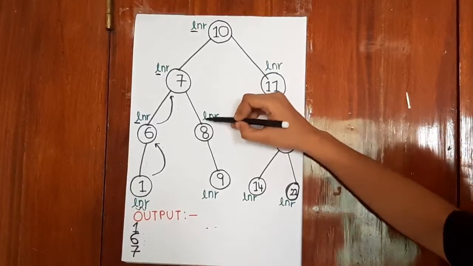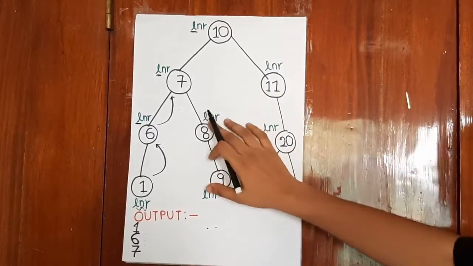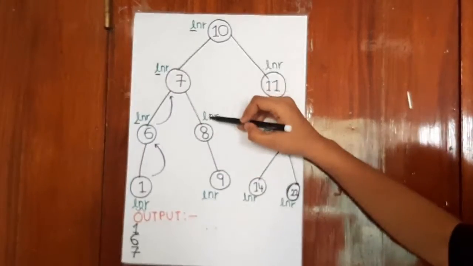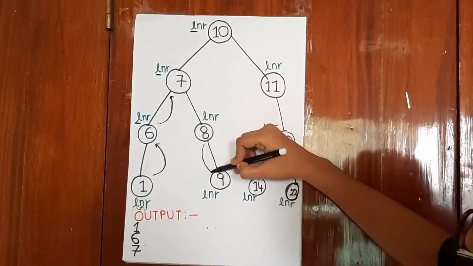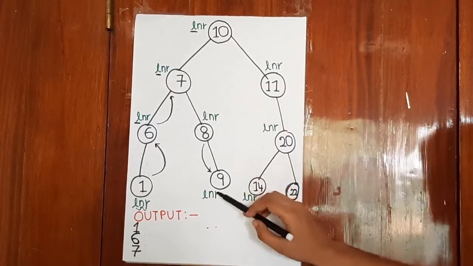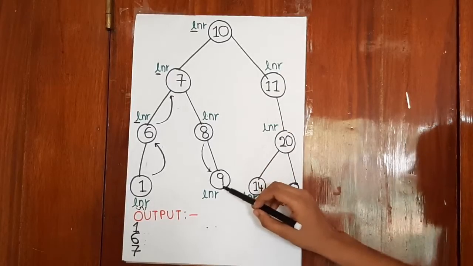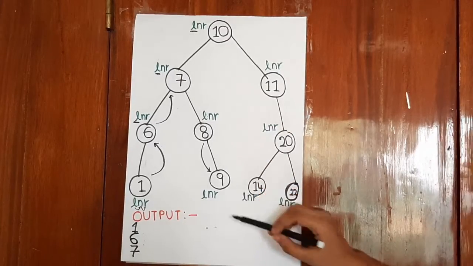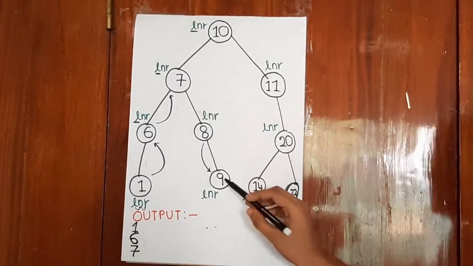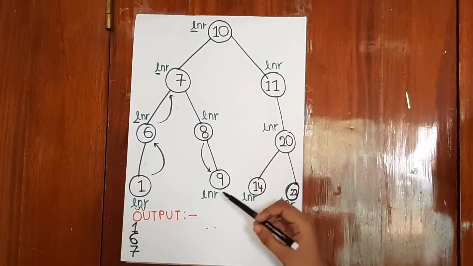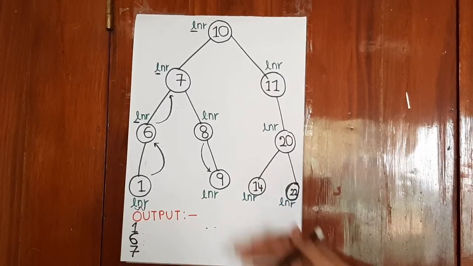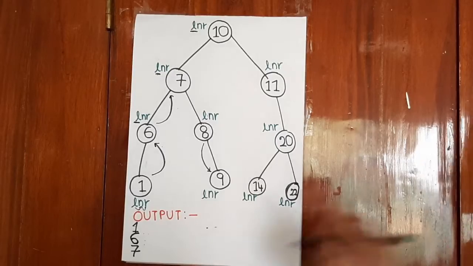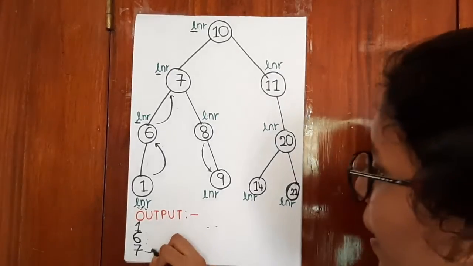So this part is still not executed, so it has to look for the right child. It moves here, and the right child of this is this node, and the value of that node is 9. This node doesn't have a left child, so it prints 9 here.